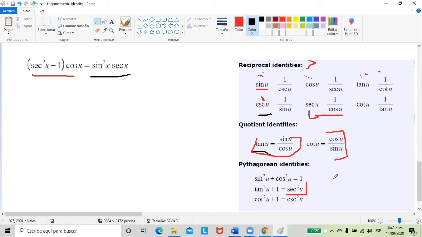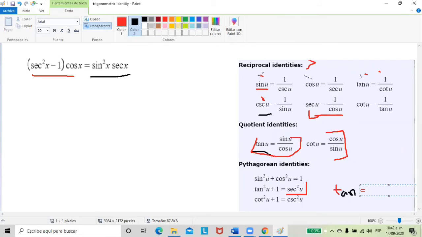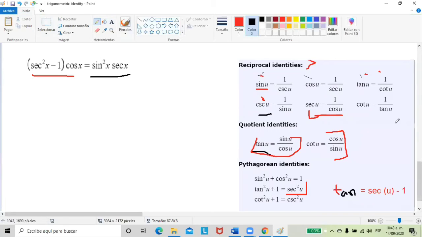So tangent squared is equal to secant squared of u minus 1.